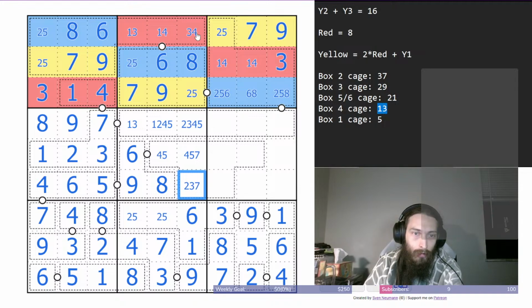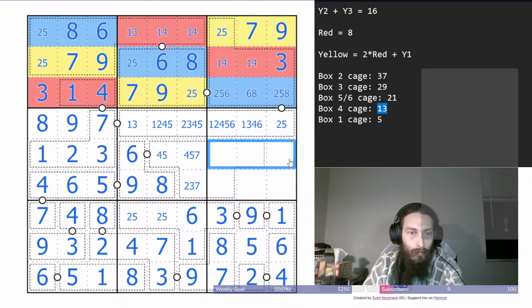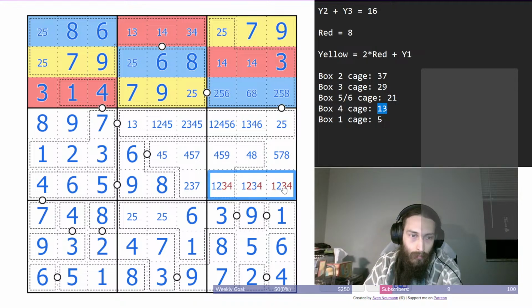I hope I did that right. 2, 3, 4, 5, 7. I think that's correct. Well, we know across row 4 is 1 through 6. 4, 5, 7, 8, 9. 6, 9, 8. None of those are 7, not a 2, not a 3, not 1 or 3.